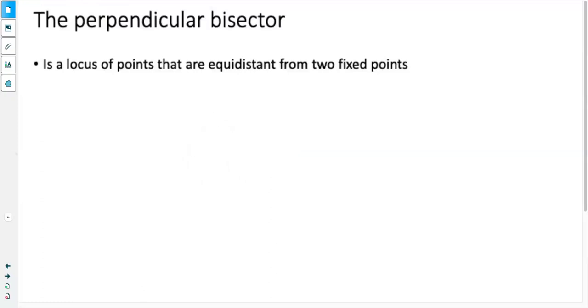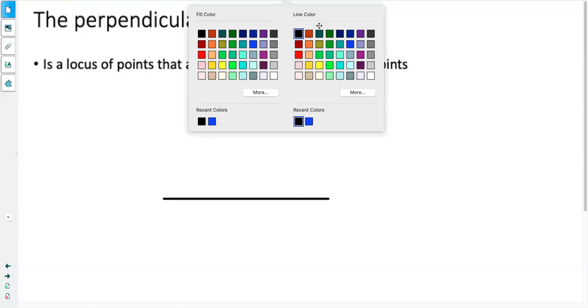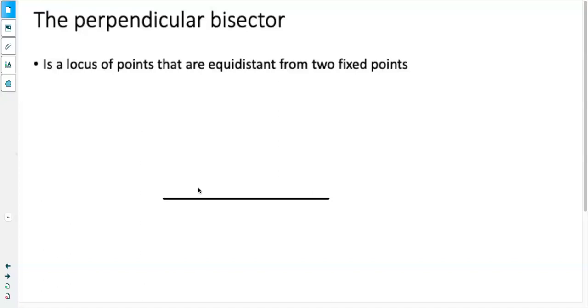Next, we have our perpendicular bisector. This is a locus of points that are equidistant from two fixed points. So first we'll draw out a perpendicular bisector, and then we'll show how it is a locus of all points that are equidistant from the two fixed points. I'm going to start by drawing a straight line, and then we'll draw in a perpendicular bisector to it. If you recall, we start by drawing a circle centered on each end of the line.